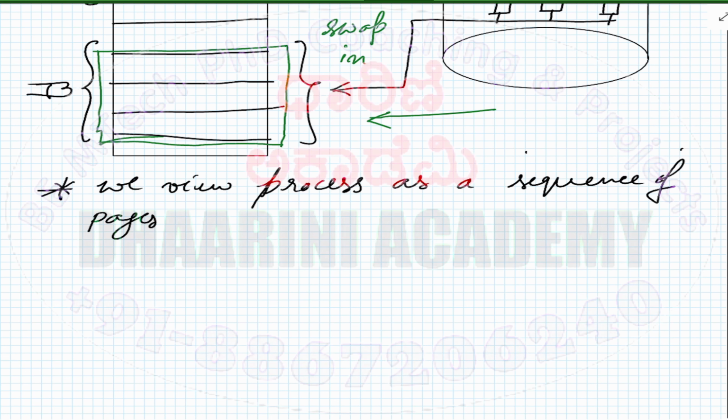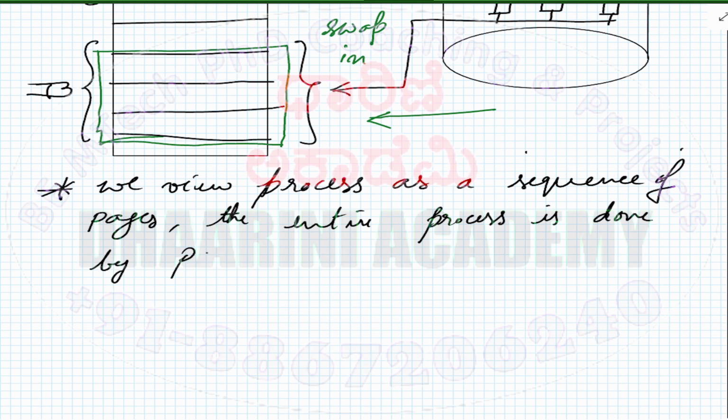So what we do, the entire process is done by, so you have this term which is coming up now onwards regularly, called the pager. The pager is going to deal with the individual pages of a process.